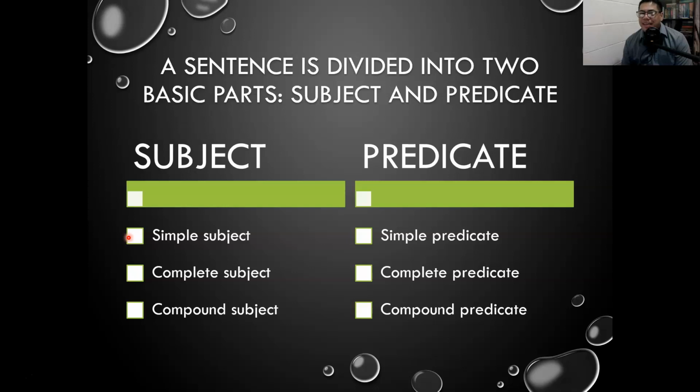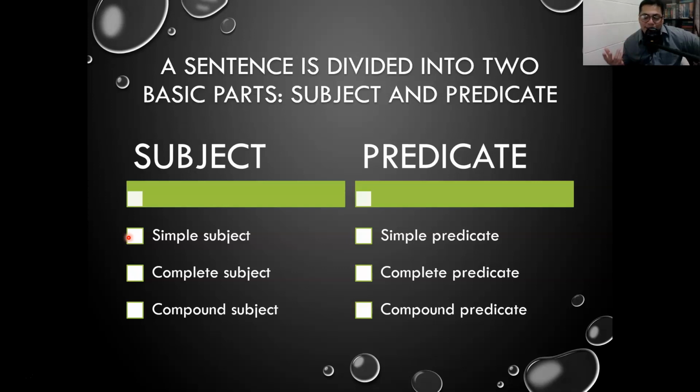What if I say, the little boy in the corner ran to his mama? What is the subject? Boy or corner? Obviously the corner didn't run, right? So even though I may have more than one noun in the complete subject, the simple subject is the central word.